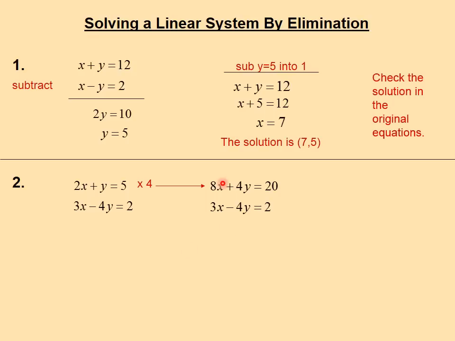Now think about what you would want to do, addition or subtraction. Hopefully you said addition, because a positive 4y plus a negative 4y is going to cancel each other out. So that's going to give us 0y.